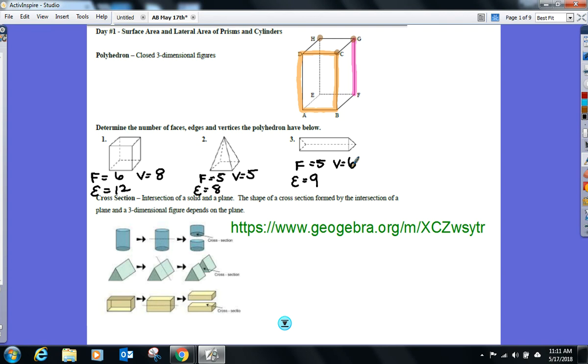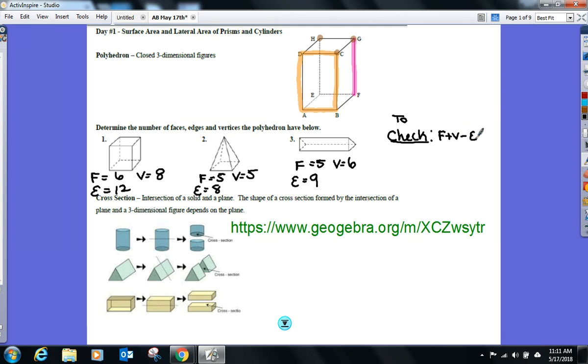Absolutely. Here's a way to check any polyhedron if you have the correct number of vertices, faces, and edges. A mathematician came up with this check: the number of faces plus the number of vertices minus the number of edges.